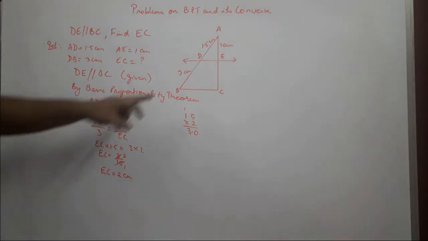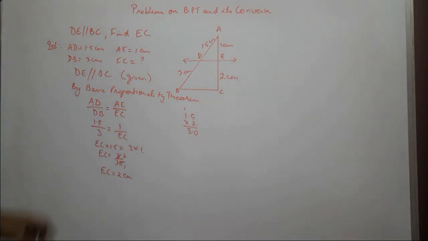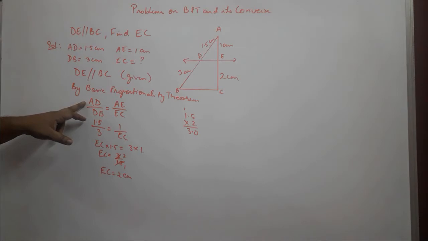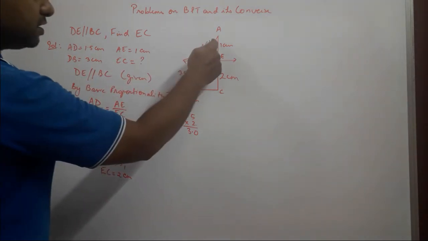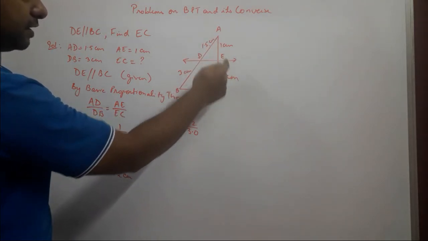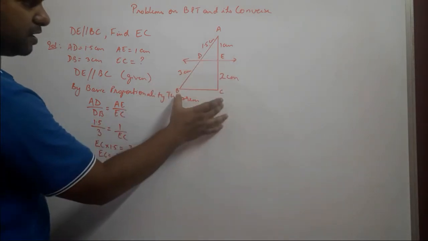So EC we get equal to 2 centimeters by applying the basic proportionality theorem to this problem. In this problem we were given AD and DB and AE, but we were asked to find EC. We have been told that DE is parallel to BC.